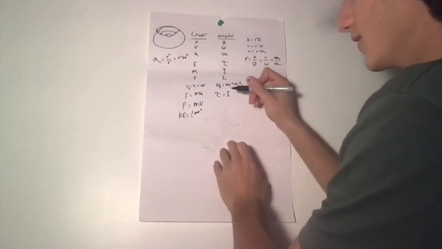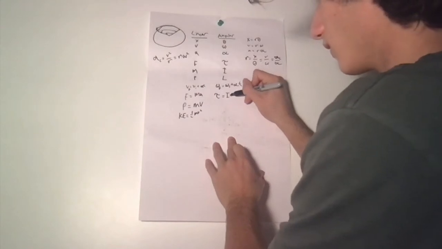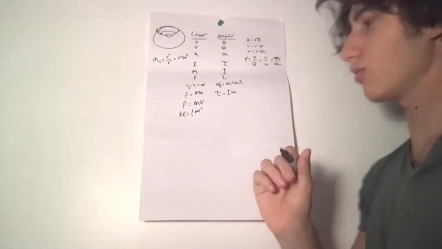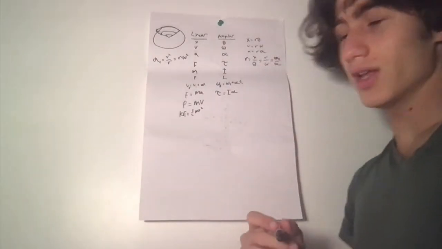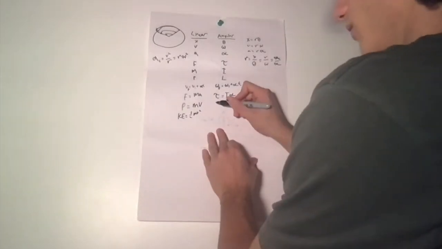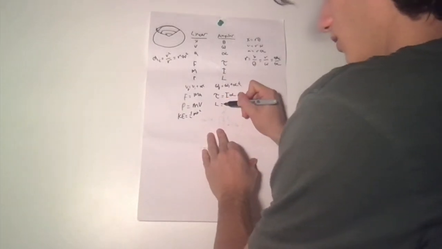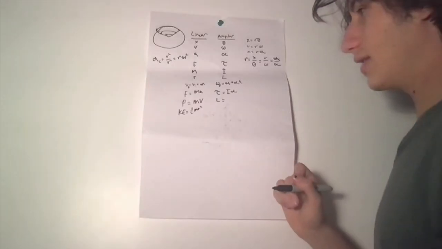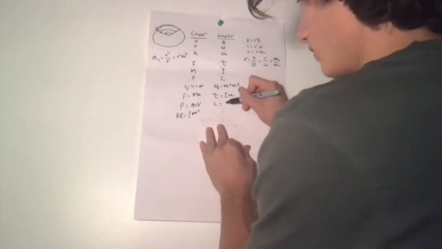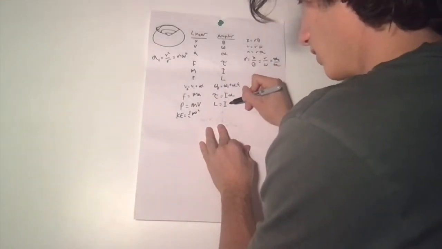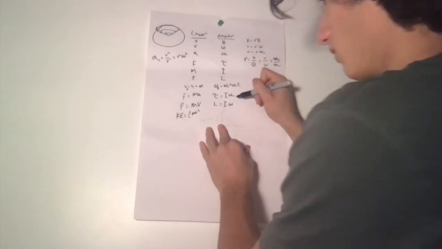Moving on to momentum, and yes, there is also angular momentum, denoted by L, which is equal to mass times velocity, so it should be equal to inertia times angular velocity.